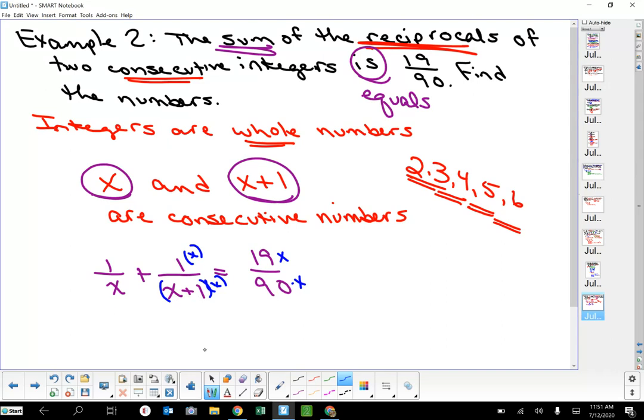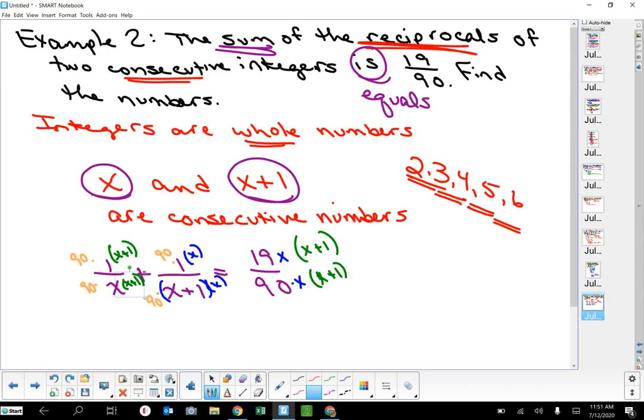Then the next one is an x plus 1, which you already see in the middle, but this top one's going to need an x plus 1. And this guy over here is going to need an x plus 1. And then on the far right, we have a 90 in our denominator, which is already on the right-hand side, but we're going to need that on the left. And we're going to need that in the middle.